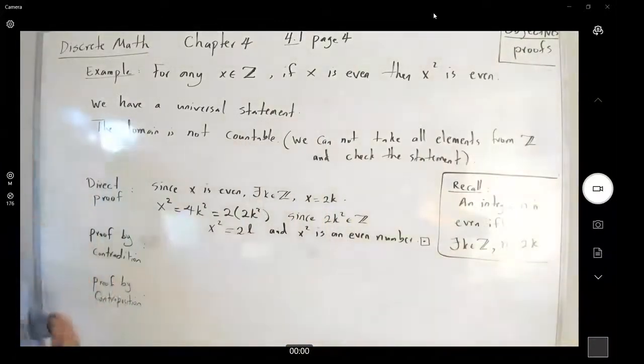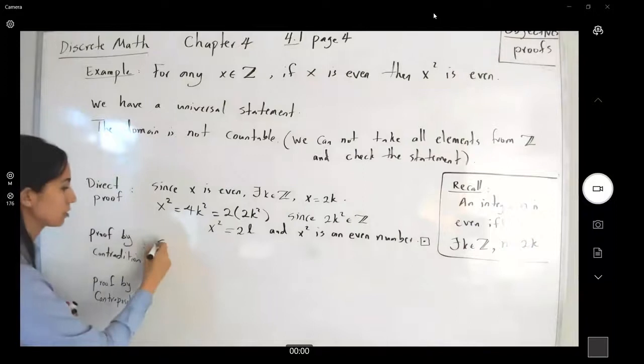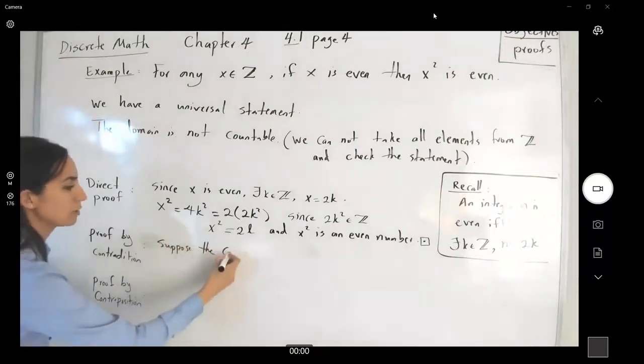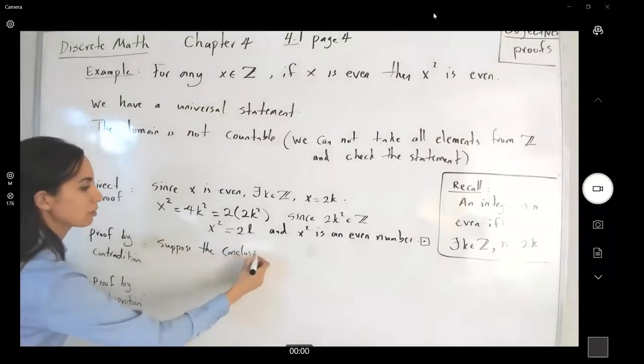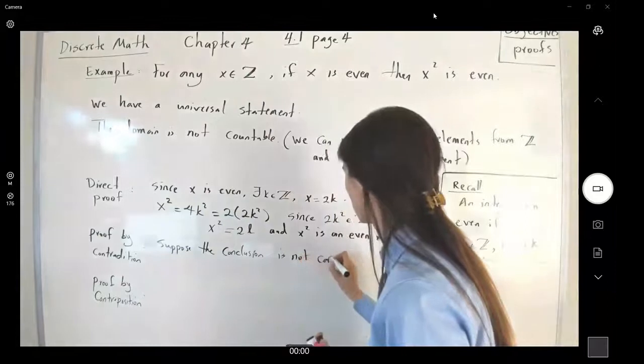Proof by contradiction. Let us try this method, then try proof by contraposition. Proof by contradiction says, okay, suppose not. Suppose the conclusion is not correct.